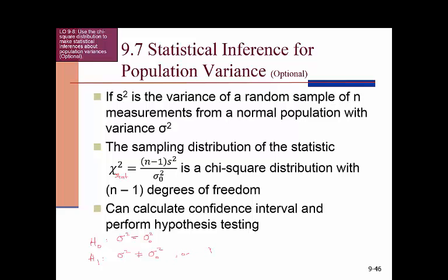Or is sigma squared greater than sigma squared naught? Or sigma squared less than sigma squared naught, right? Any of those can be the alternative hypothesis, two-sided or one-sided. Okay.